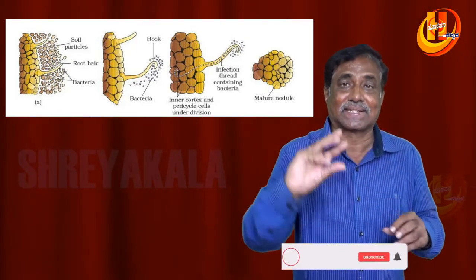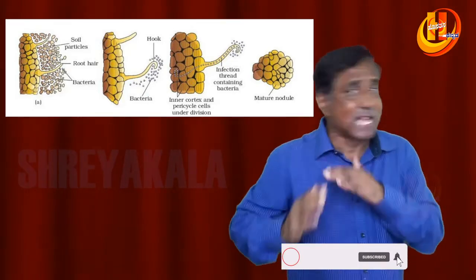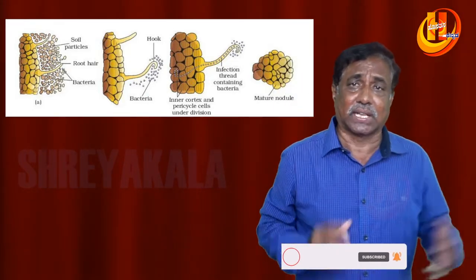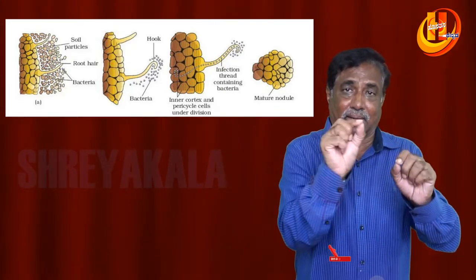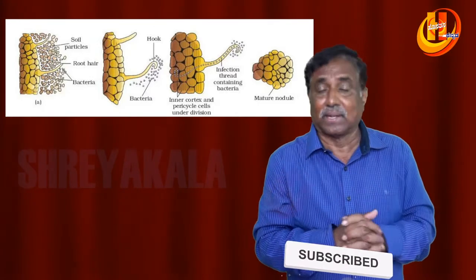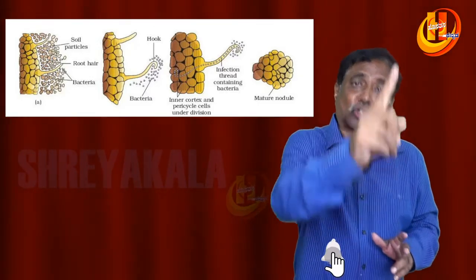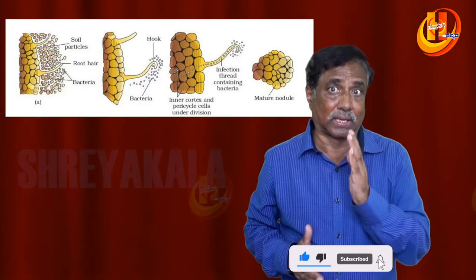In the cortical cells, nodule formation takes place after the infection of this rhizobium. That is very important, and the diagrammatic representation is also given. Kindly go through it. That is very important, how the nodule forms.